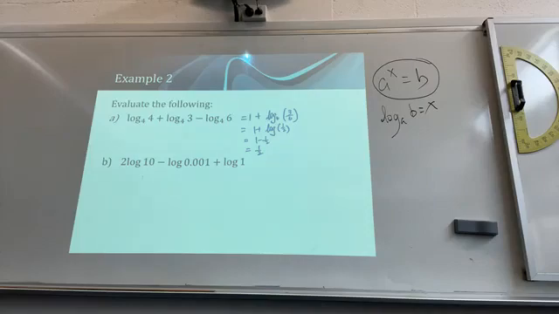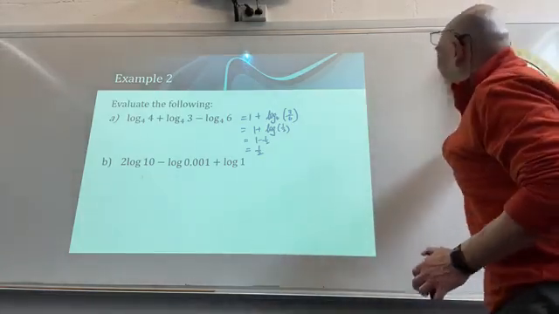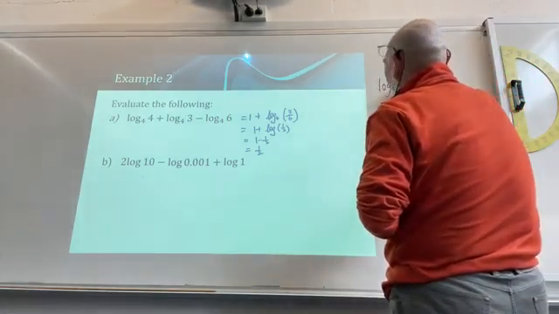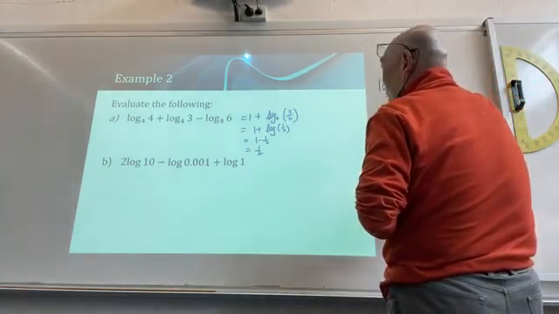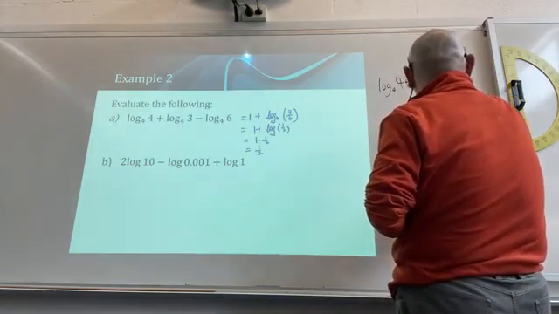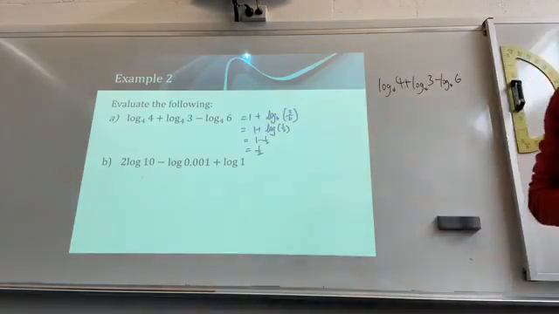Now I'm going to quickly show you how to use your calculator a little bit later. So the next one, I'm going to write this down so that I can remember: log base 4 of 4 plus log base 4 of 3 minus log base 4 of 6. I'll show you in the calculator in a few minutes.